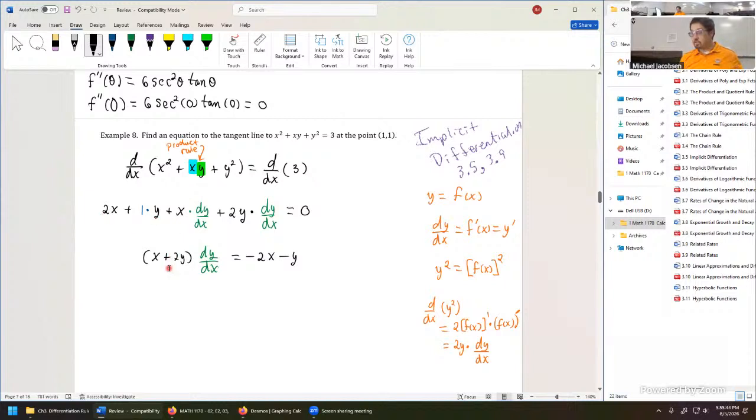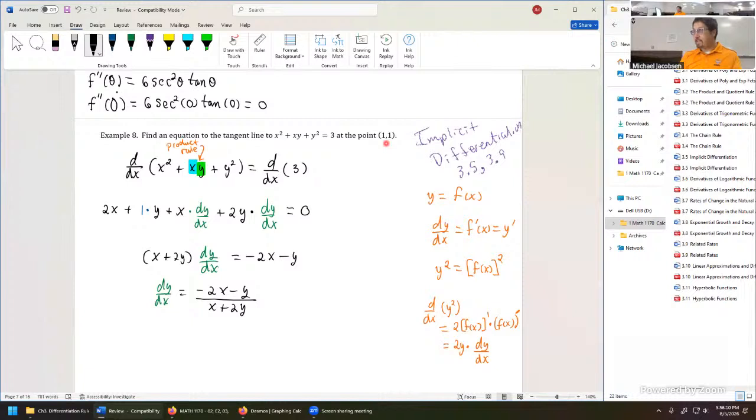Now divide by x plus 2y, and we have dy/dx equal to negative 2x minus y over x plus 2y. Now this is the slope at any point whatsoever of this curve here. We want to know the slope at one point specifically, (1, 1).